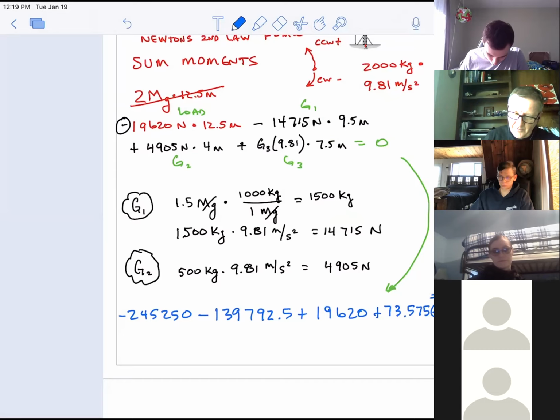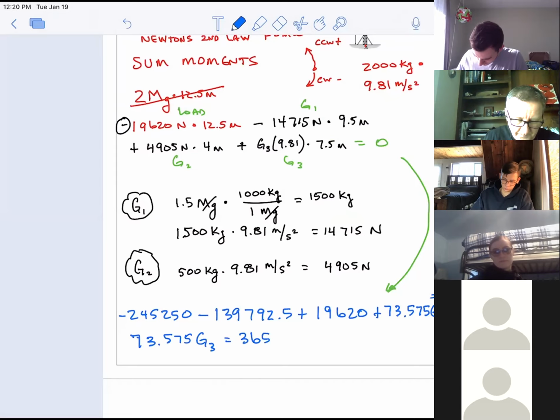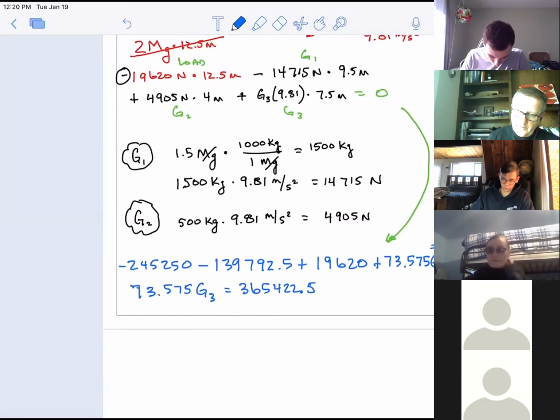So I got a sum total of all that. I got negative 365,422, which I'm going to add to the other side. So now I got 73,575. Gee, this should be boring to you, like solving algebra equations. But if I add it to the other side, then I can divide that by 73, and I finally have G3.